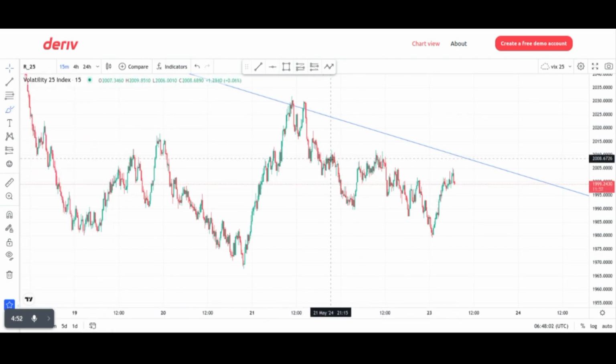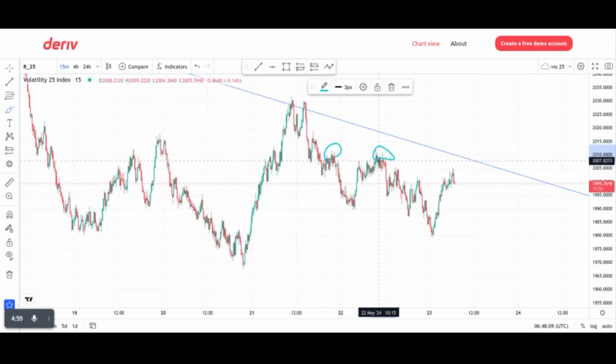Okay, you can see that the market has been struggling to break this high, creating an equal high here. So with these two equal highs, we want the market to come back there and create the third one, then we make our entry.